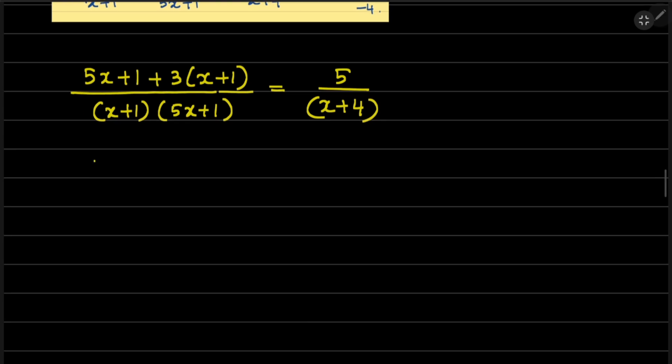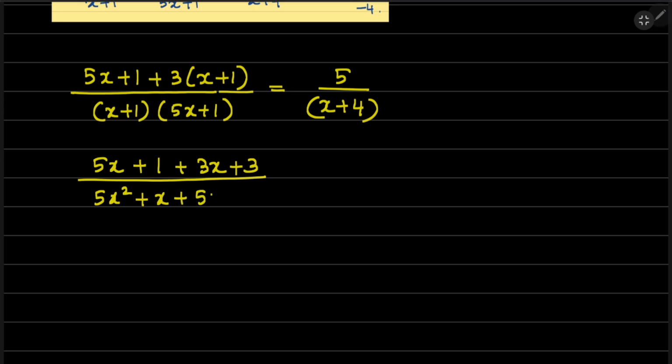Right? Now, you can solve 5x plus 1 plus 3x plus 3 whole divided by, let's multiply. So you have 5x square plus x plus 5x plus 1 equal to 5 divided by x plus 4.